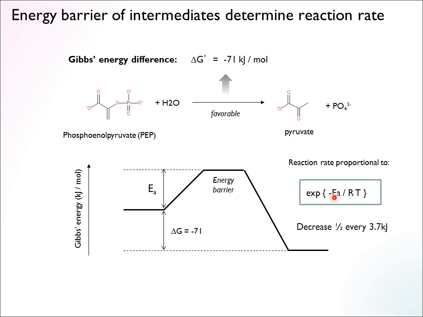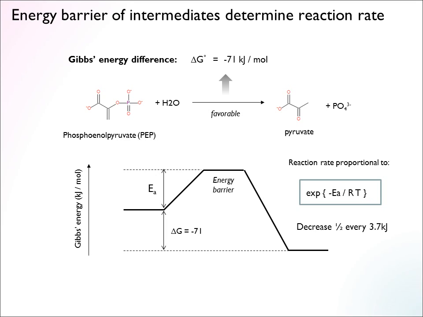You usually have an energy, and then it's usually scaled by a quantity, R times T. R is the gas law constant, and T is the temperature. Basically this quantity is the amount of energy that you have in heat at room temperature.